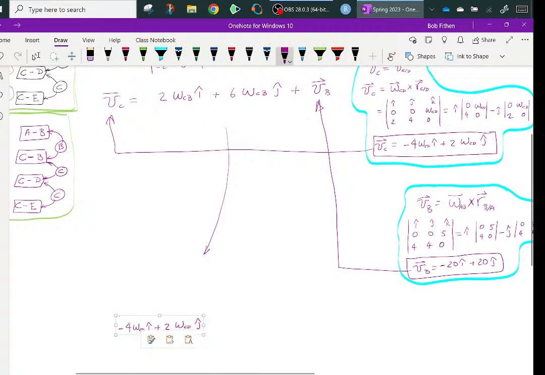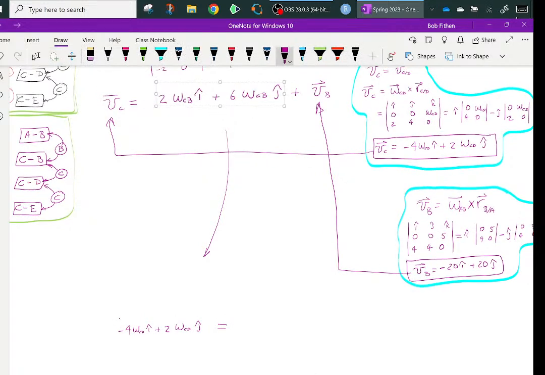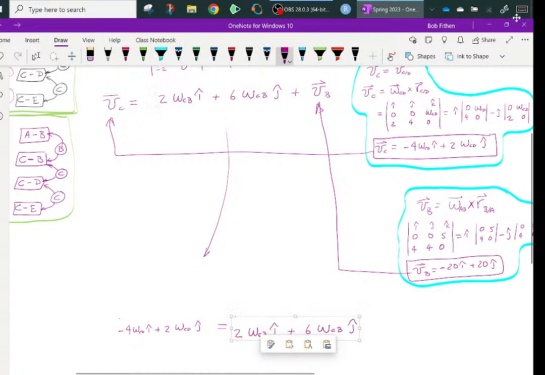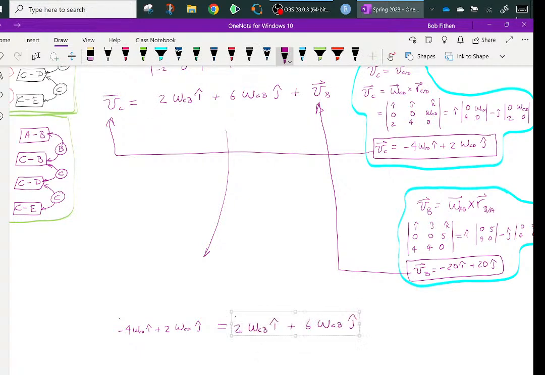This equals this plus this one. Wait a minute. I'm just making sure you get the right one. Copy. Okay, let's make sure I copied the right one.